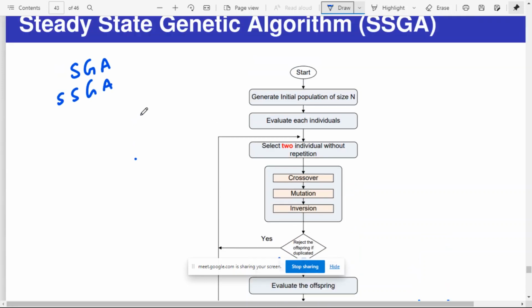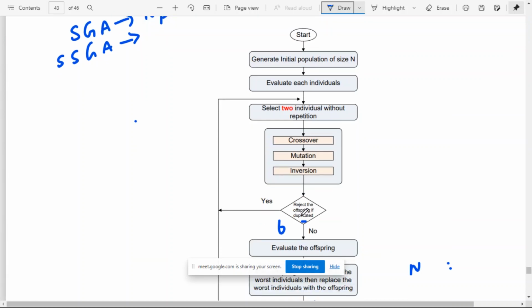Yes, good. So that is the main difference. In SGA, we identify NP pairs and then we create new offspring, and then we check whether we are satisfied with the solution or not. If not satisfied, we continue with the process. In SSGA, we identify only two individuals and then we perform crossover, mutation, inversion, and then we check whether it's a duplicate or not.